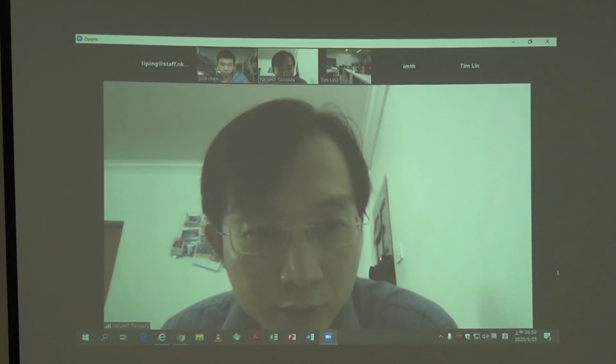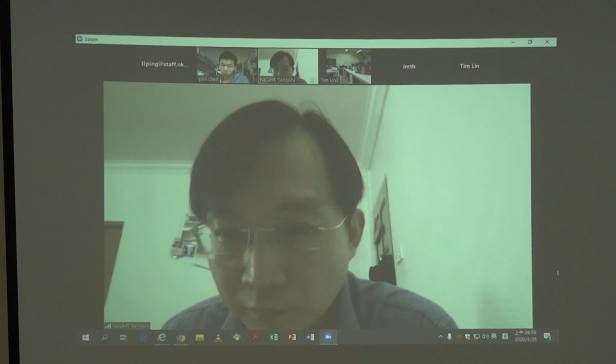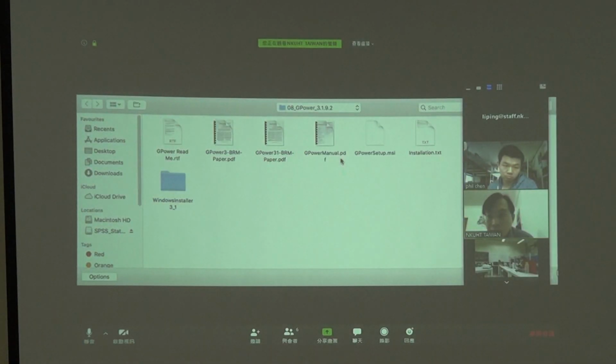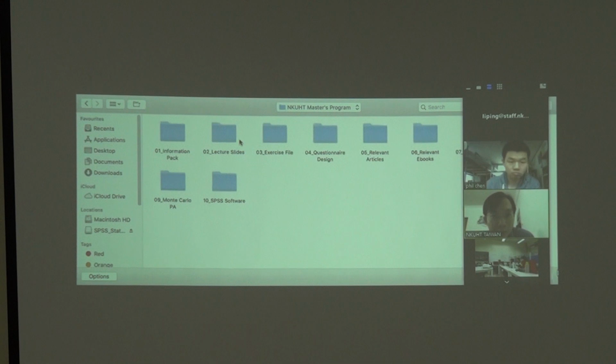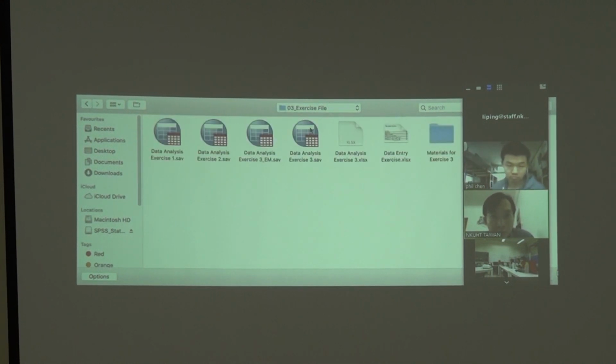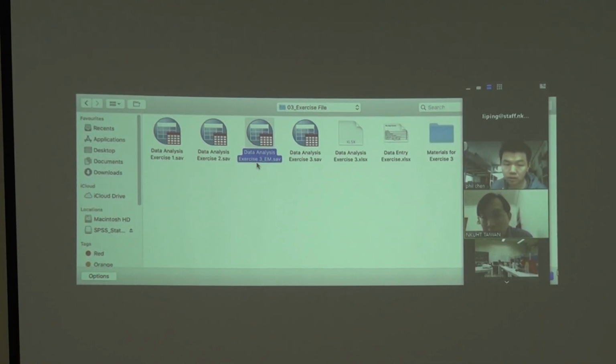So when you do this, now you have to upload your file. I don't know where you keep your file, so I will look for mine. I keep my file here. Can you see me highlighting data analysis exercise 3?